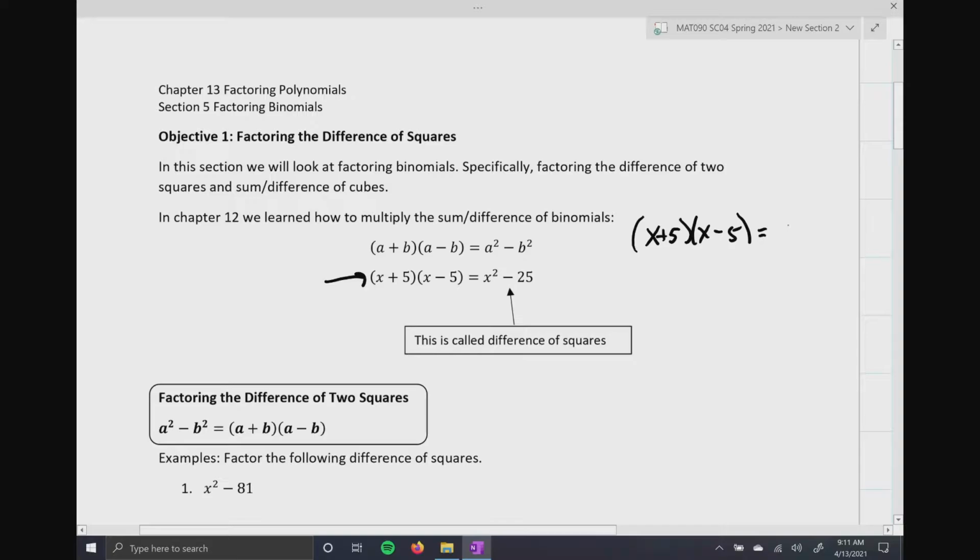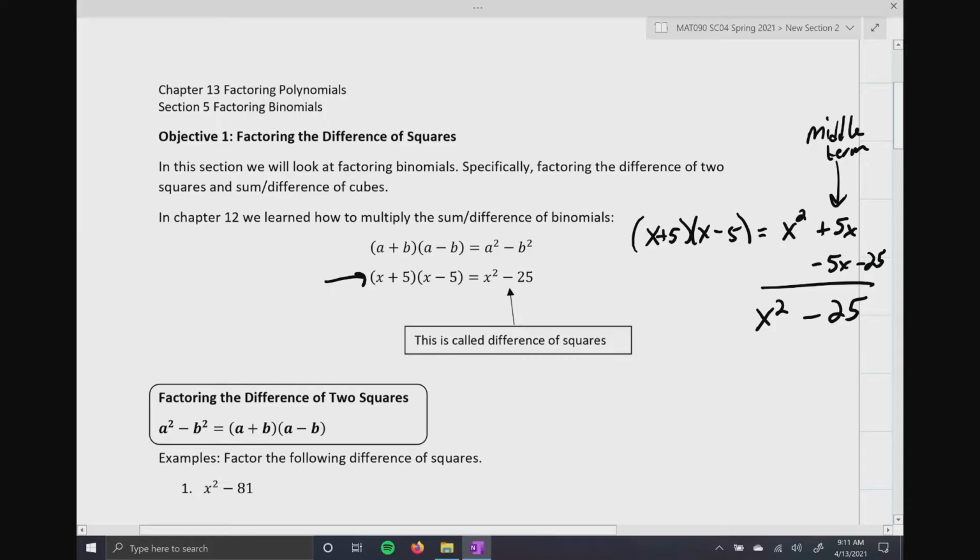We found that when we multiplied and combined our like terms, this middle term right here actually always canceled itself out. Plus 5, negative 5. And then we said, well, that's actually kind of special. We called that the sum and difference of binomials.